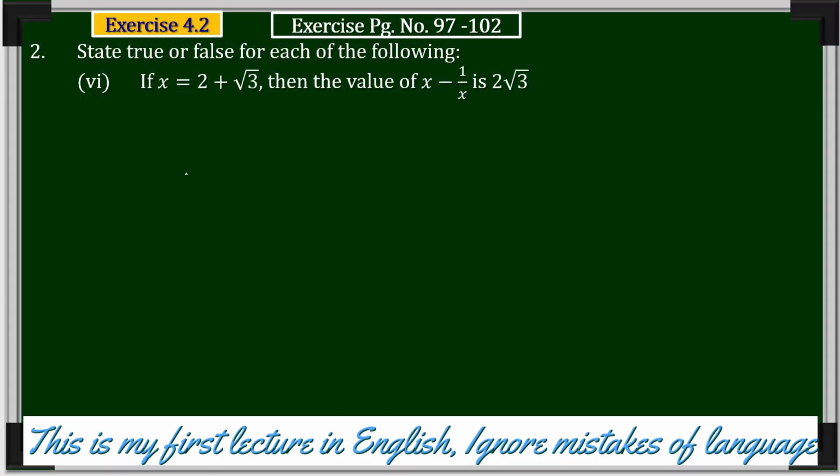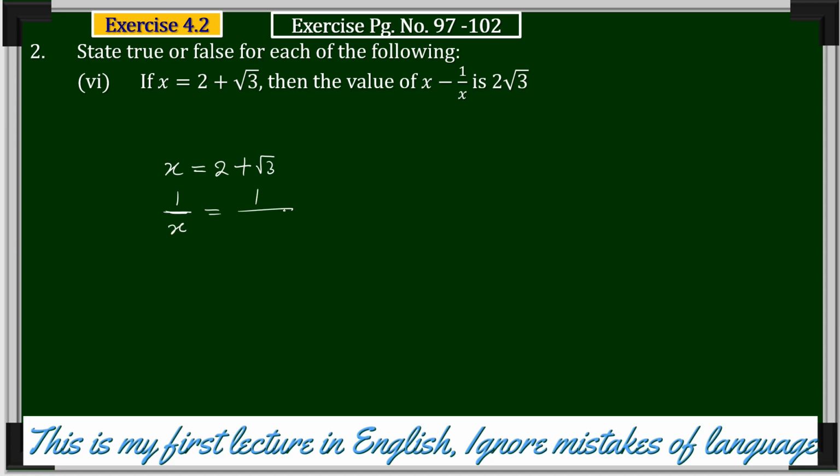In statement 6, it's given x is equal to 2 plus root 3 and we have to find the value of x minus 1 upon x. First of all, find the reciprocal of x, that is 1 upon x.